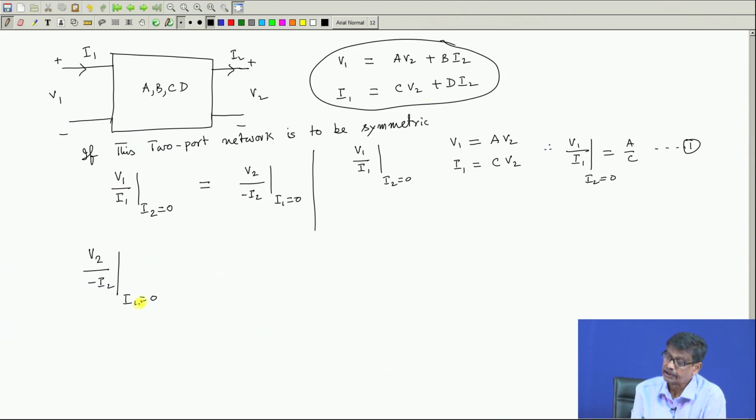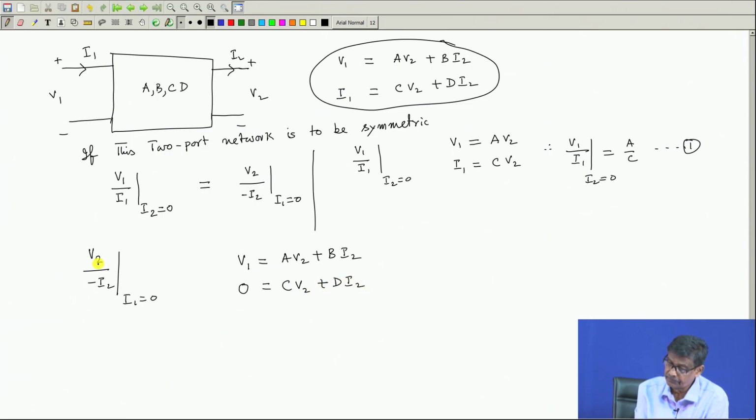With I1 equal to 0, the first equation is V1 equals A V2 plus B I2, and from the second equation I get 0 equals C V2 plus D I2.